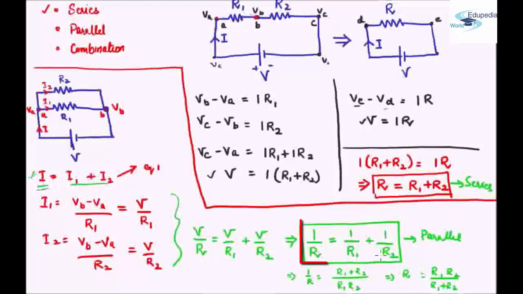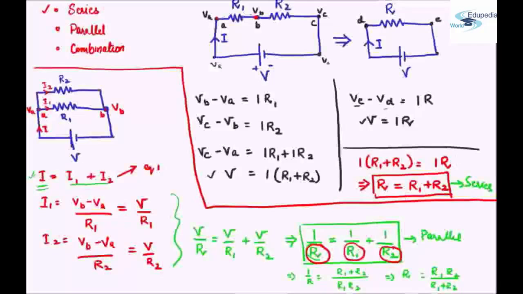Third, if you observe it mathematically, then what you will find is that the equivalent resistance that we get here will be less than each individual resistance. It will be less than R1 and it will be less than R2. So in contrast to series resistance, parallel resistance results in a reduction in the equivalent resistance.